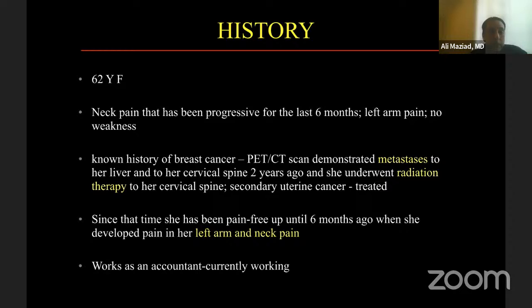She had prior history of breast cancer with metastasis to the cervical spine, has been treated with radiation therapy only. On her presentation, she's been doing fine with radiation. However, 6 months prior, she had that presentation of neck pain and left arm pain and no weakness. She still worked as an accountant at the time.